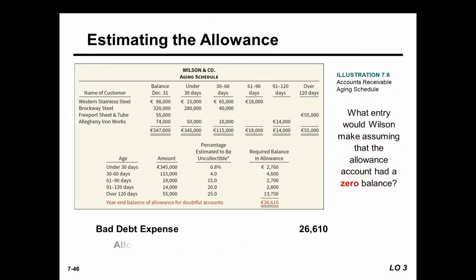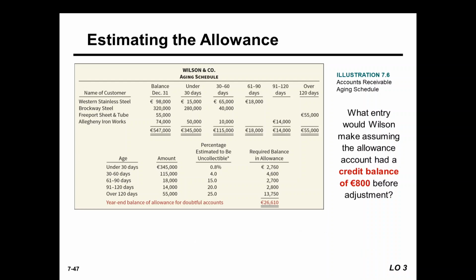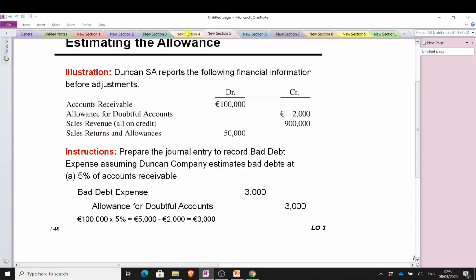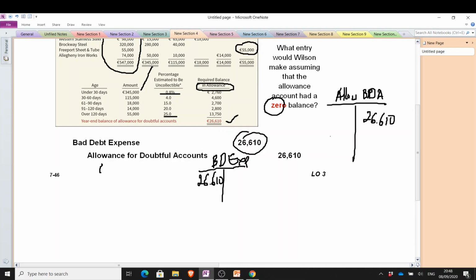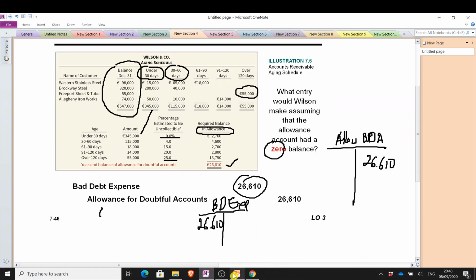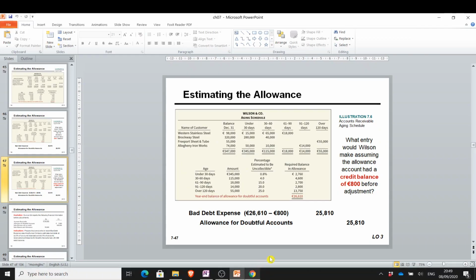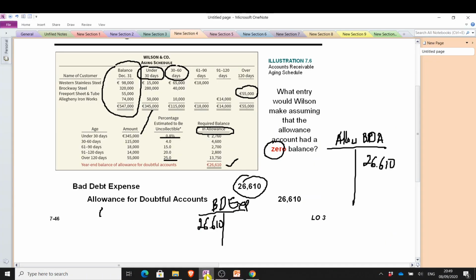This is when it was zero, but when the account was not zero, let's say that there is a credit balance of 800 before the adjustment, and we need to make an allowance of 26,610, then we only record as much as 25,810.